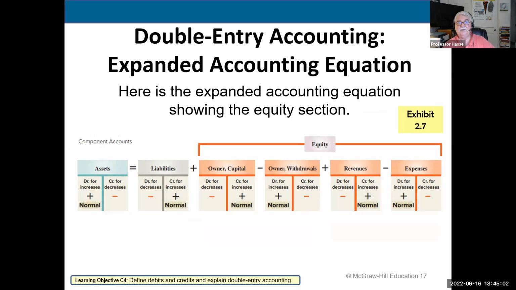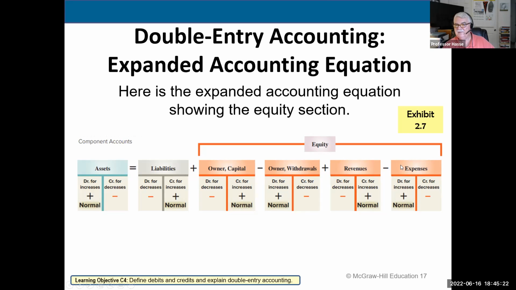So again, this is called double entry accounting. For every business event, two things happen. And notice all the things that could go on in the equity account. Owner investment, owner withdrawals, money coming in for revenues, money going out for expenses.